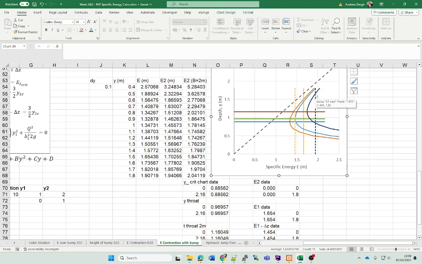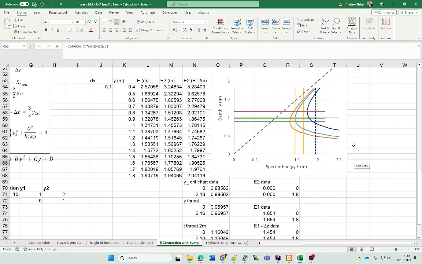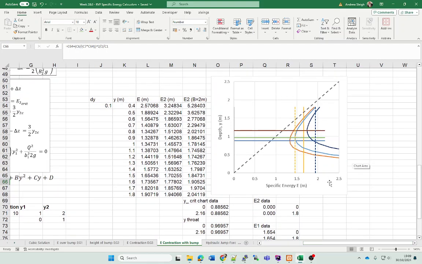The energy point here will be 1.941, and that will correspond to that energy new that we did a calculation of. Okay, so you need to be able to explain all the points on these energy curves and draw them yourselves. Remember that these horizontal lines on my charts correspond to the critical depths: the green one for the blue curve, and the brown one for the dark blue curve. Okay, thank you.